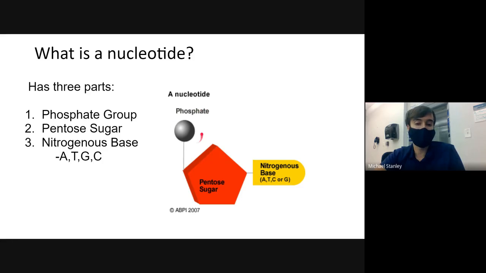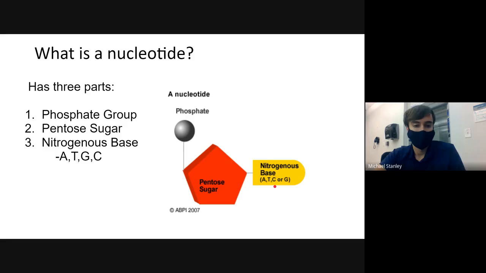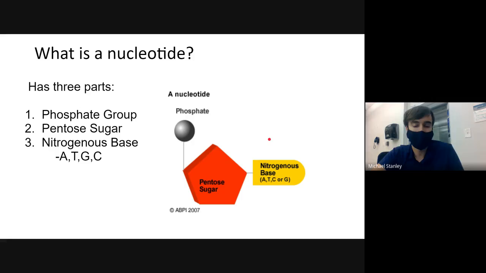It's always going to be the same phosphate, always the same sugar, and the nitrogenous base might differ between one of these 4 different ones. So every single nucleotide is made out of these 3 basic parts.